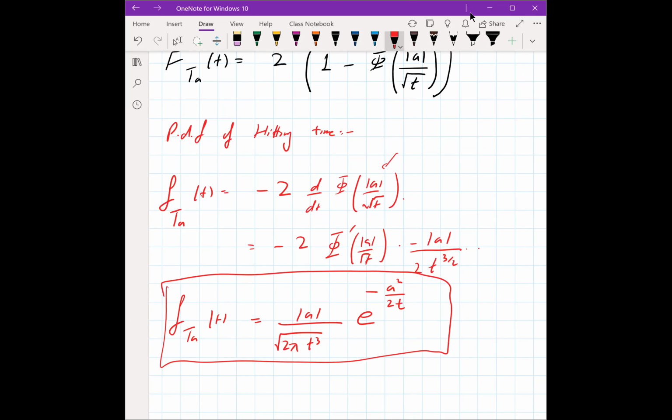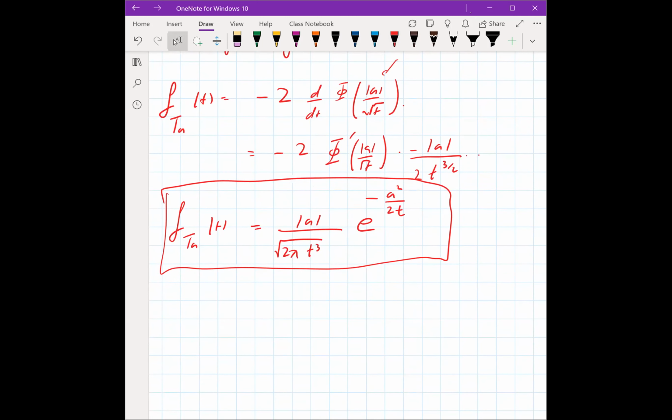So you have found the PDF of this hitting time. And what you find is that it is not a normal, it's this kind of an inverted thing. T comes over here in the denominator.